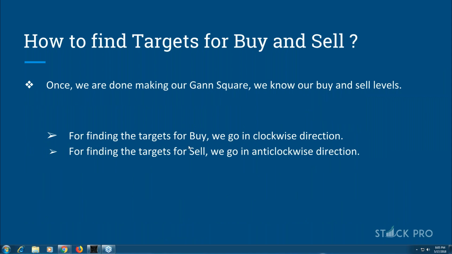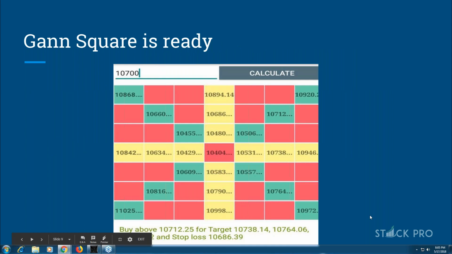To find the targets for buy, we go in the clockwise direction. For finding the targets for sell, we go in the anti-clockwise direction, right? Let me show you exactly what happens here. So this is the Gann Square that we have formed.